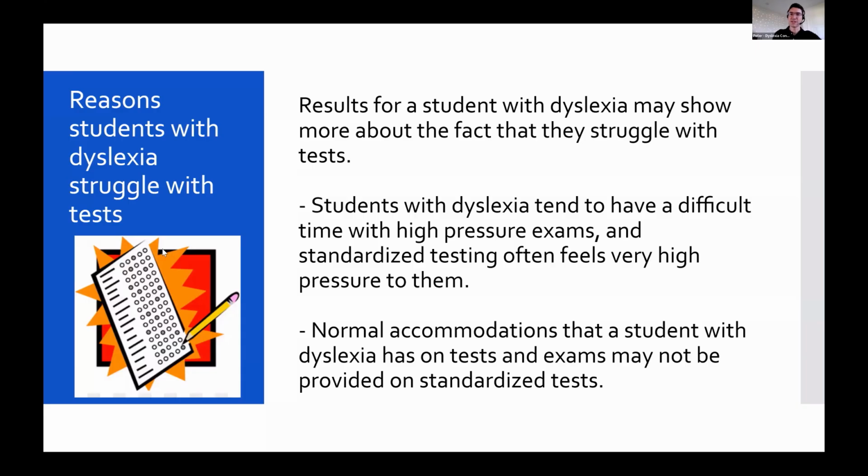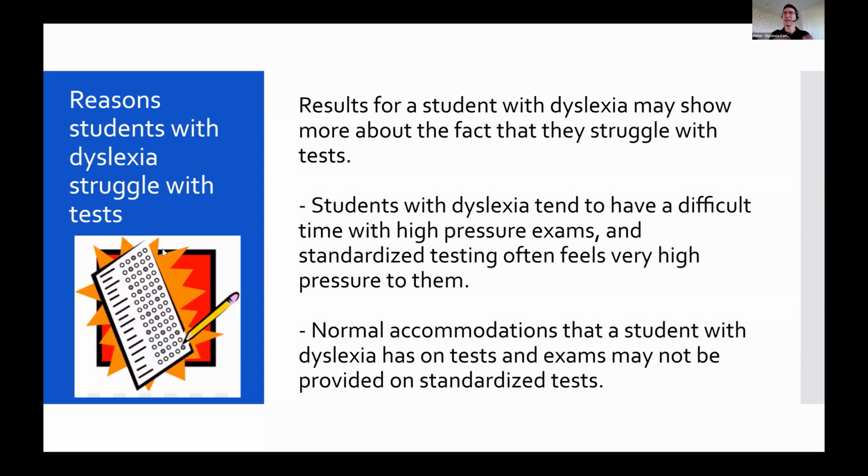Also, normal accommodations that a student with dyslexia has on tests and exams may not be provided on standardized tests. So they may have some things that they normally use for instruction that really help them when they're doing homework and school projects and assignments, but those accommodations aren't allowed on the standardized test, and so suddenly they have to do that without that available.